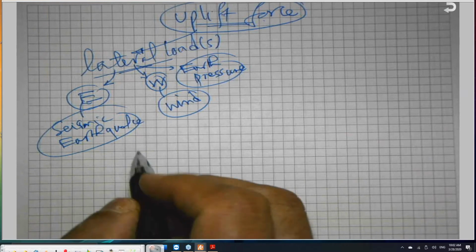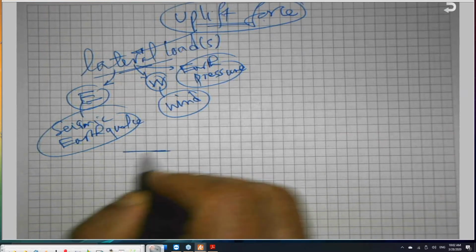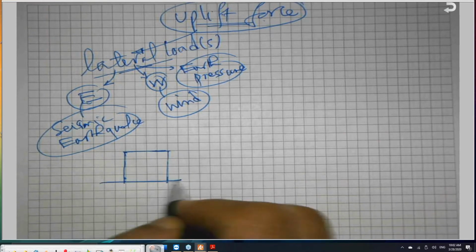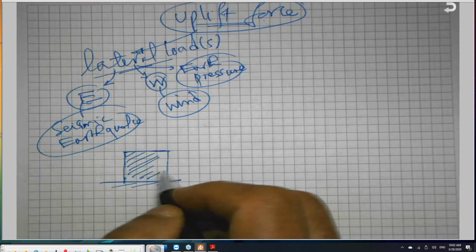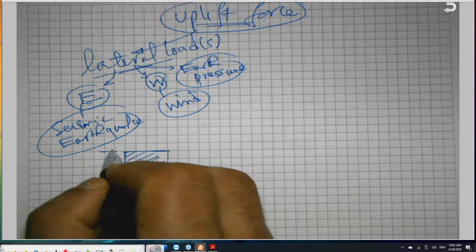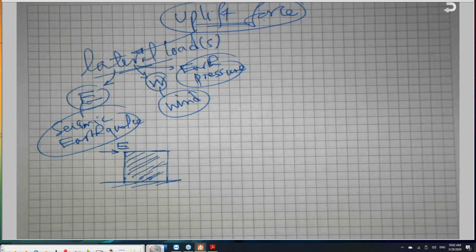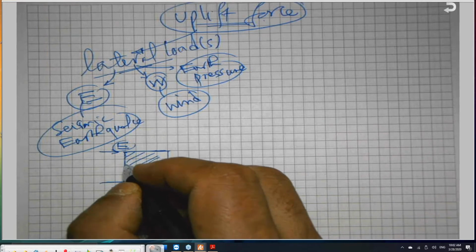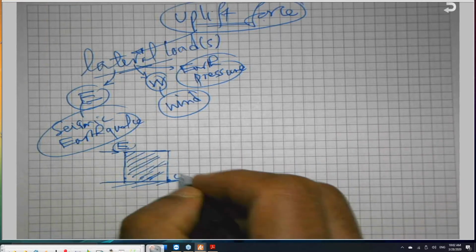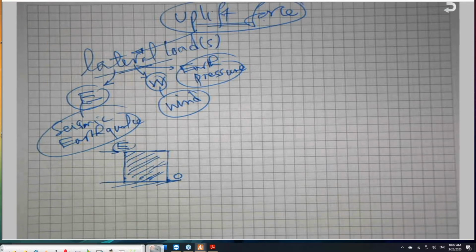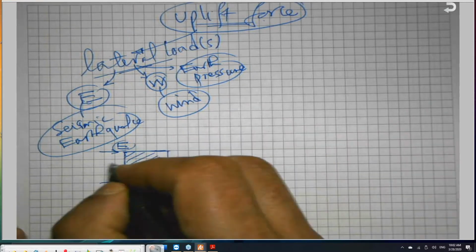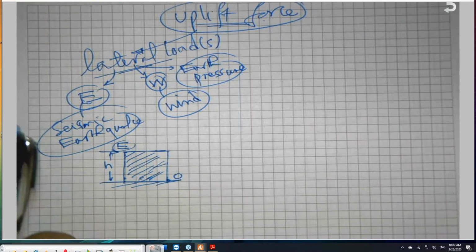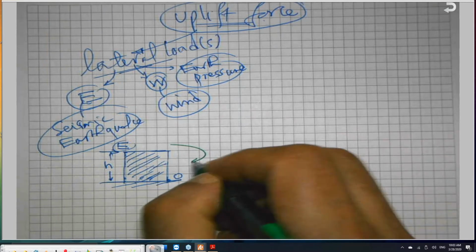For example, like this. If you have a building or a structure in general, and you have a lateral load, like earthquake load. This earthquake load is trying to push the building to rotate about this point O. We'll have what is known as overturning moment, OTM.